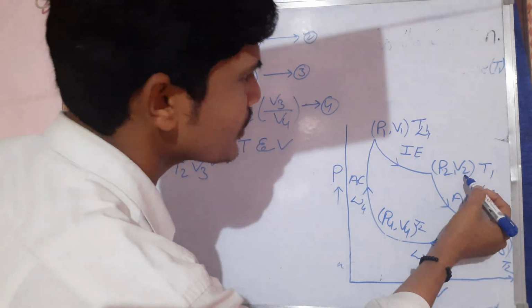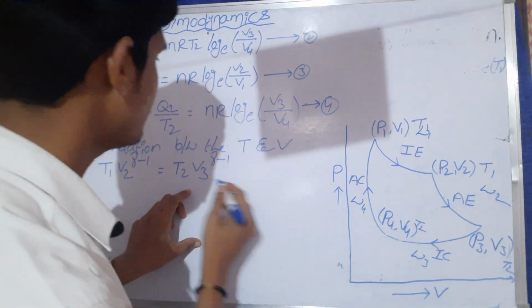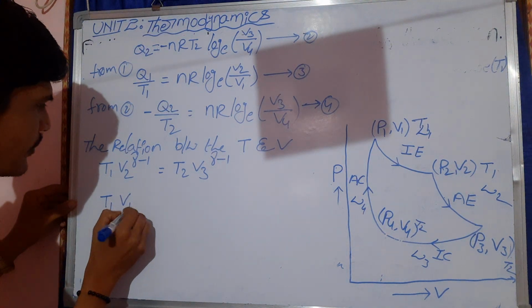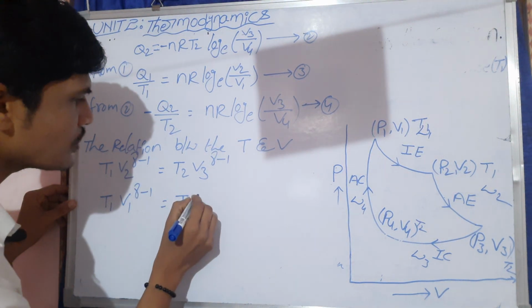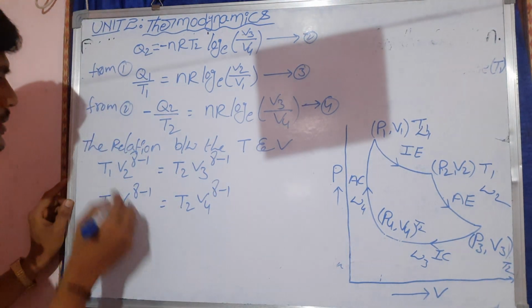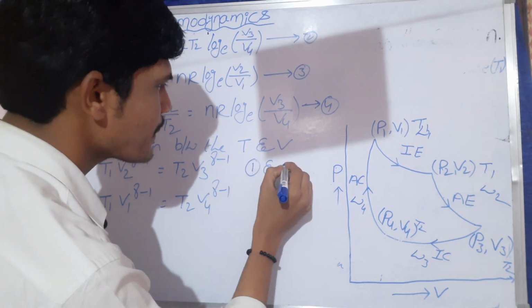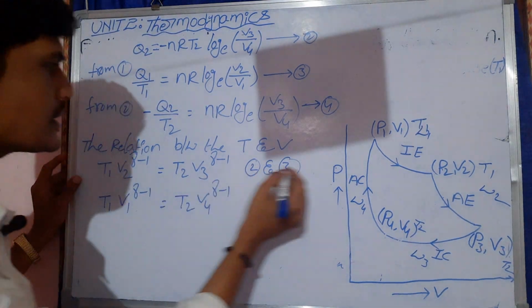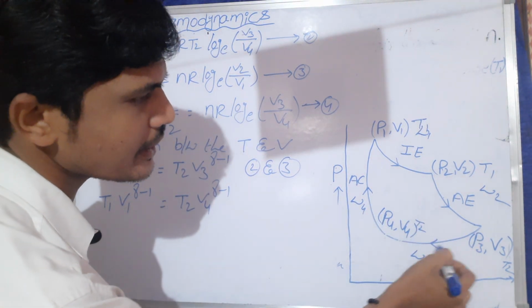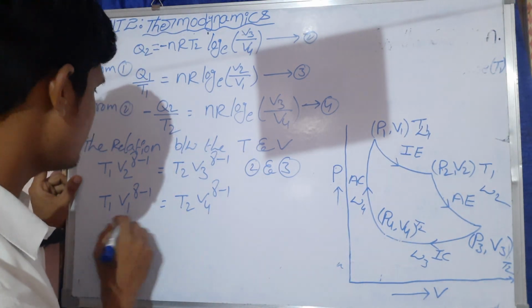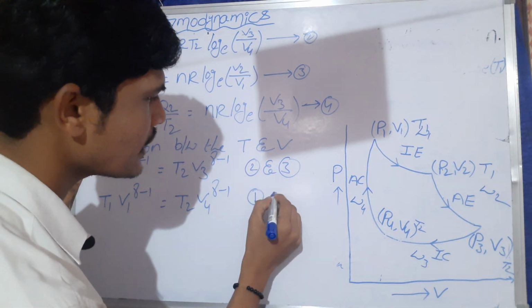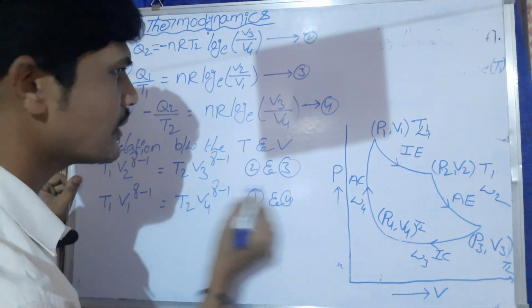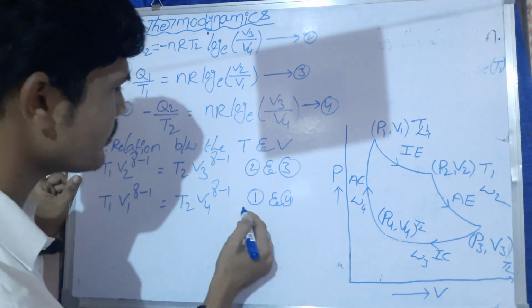So T1 V2^(gamma-1) equals T2 V3^(gamma-1). Next, for the other curve, T1 V1^(gamma-1) equals T2 V4^(gamma-1). Curves 2 and 3 are one pair, and curves 1 and 4 are the other.